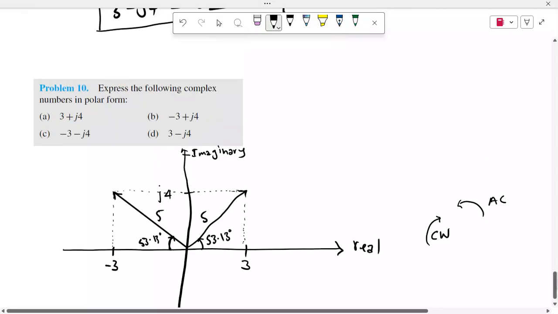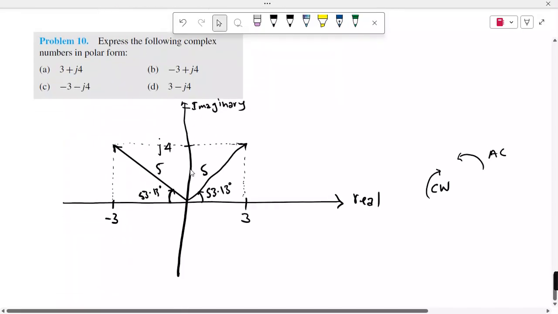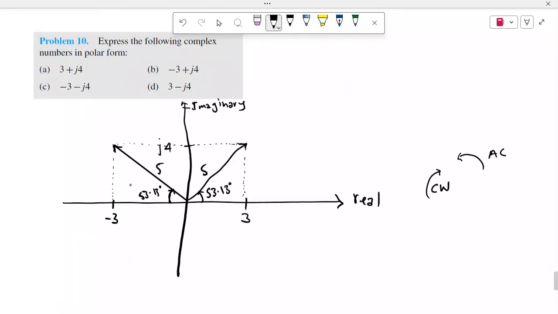Okay, great. So let's go to C. How do we represent C? C has real part negative 3, then the imaginary part also negative 4. So we have something like this.